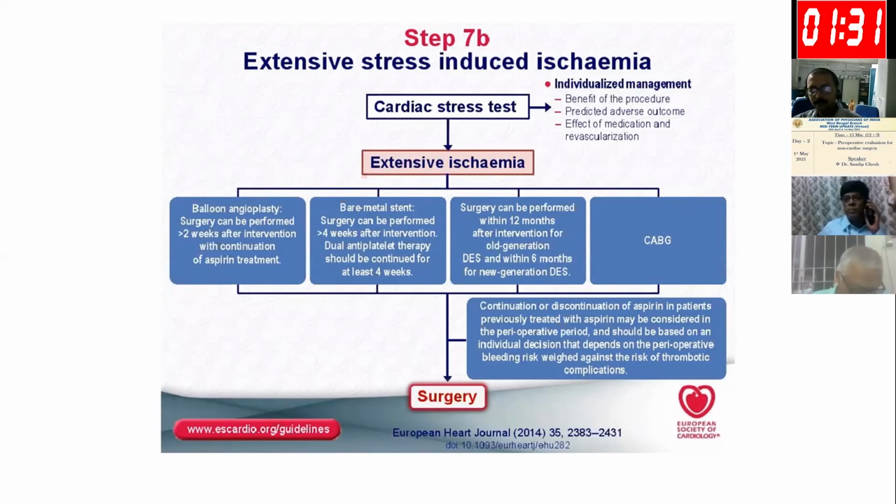If the patient is put on a DES, then we have to defer the surgery till 12 months. However, it can be done after 6 months with newer generation DES, with the caveat that there is an increased chance of stent thrombosis if we plan to stop the antiplatelet.